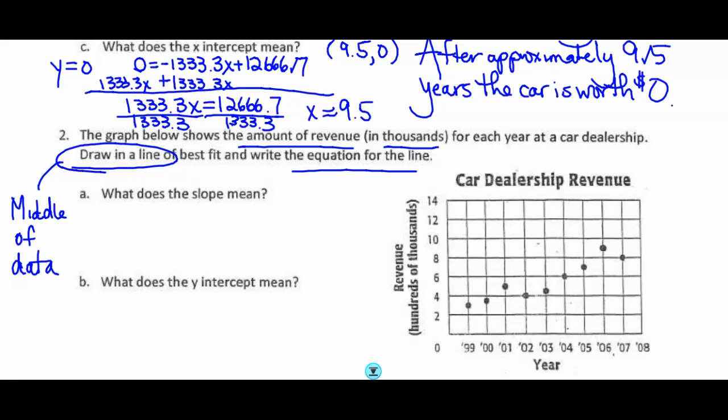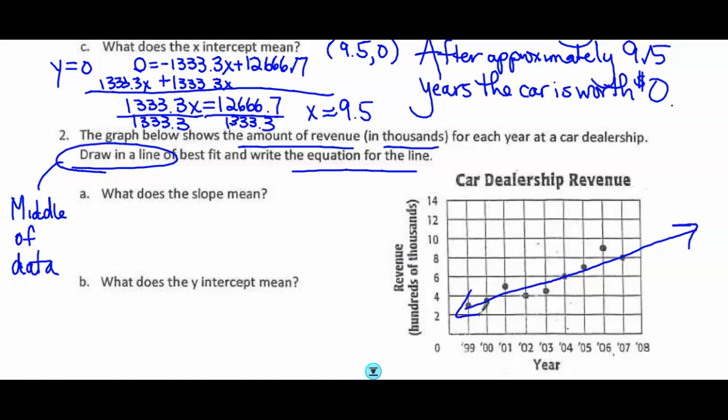So you want to try to draw it through the middle of the data. Once again, I don't have a straight edge. Let's try it one more time. That seems the best I can without a ruler.